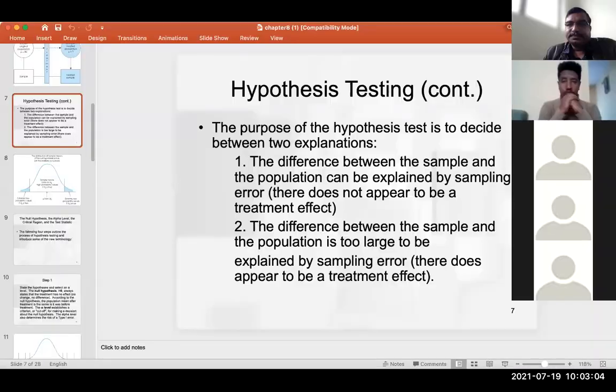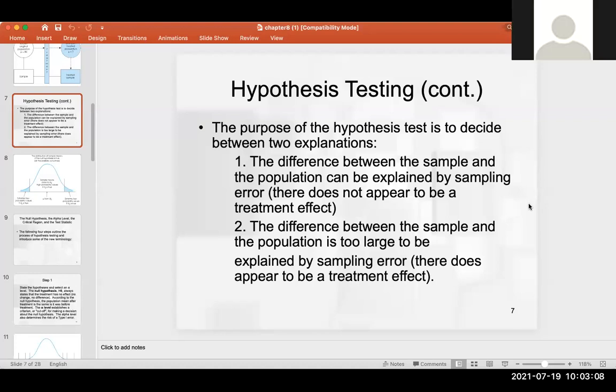So in the last class we discussed hypothesis testing, and the purpose, why we do hypothesis testing, we already know. With an example, we tried to understand how to conduct the hypothesis testing.